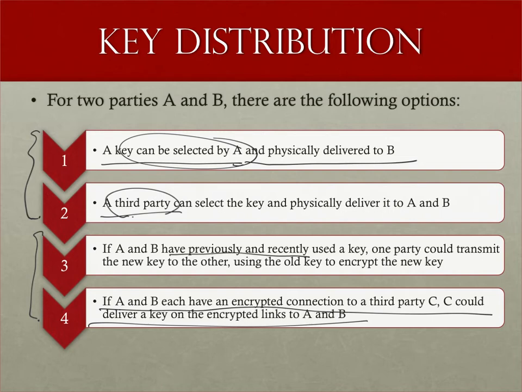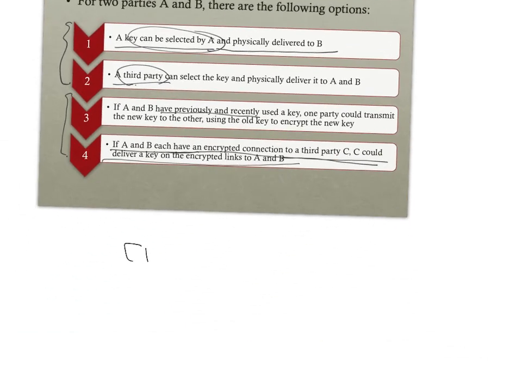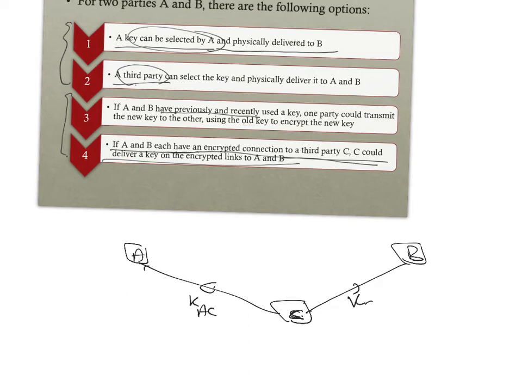So if A and B each have an encrypted connection to a third party C, this is A and this is B, and this is C. As we said, through method 2, C has generated this key physically, and then it uses that key to communicate with A and with B. So here there is key AC, and there is key CB.